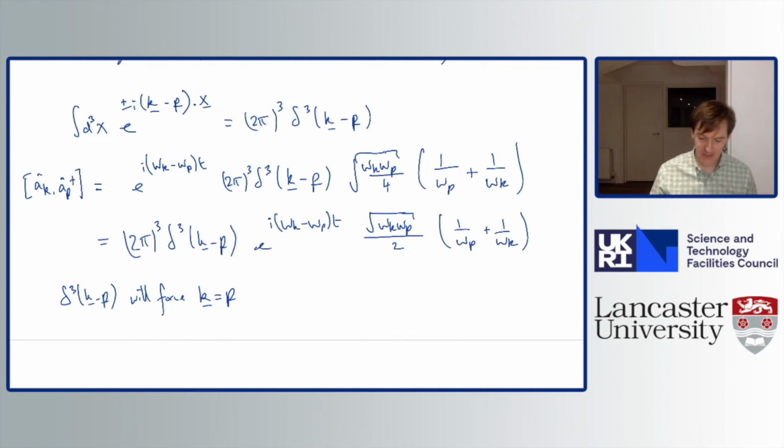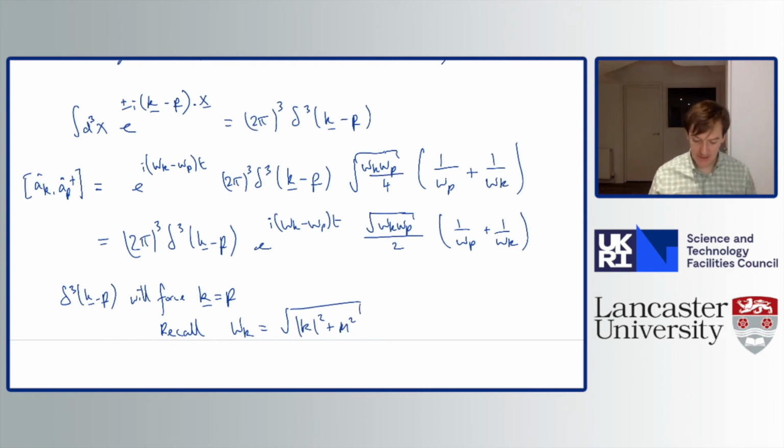Now let's see what the implications of setting k equal to p are on these omega factors. So we need to remember the definitions of the omegas. Omega_k is the square root of k squared plus m squared.